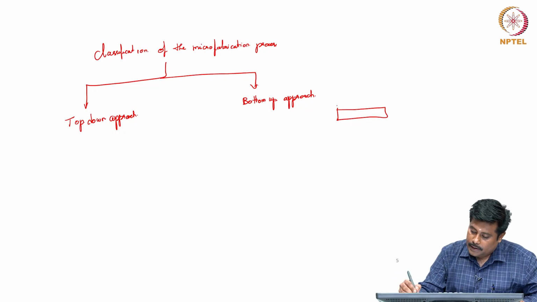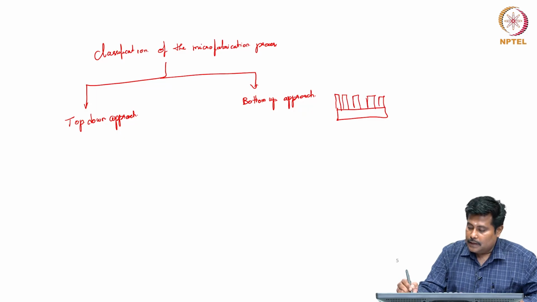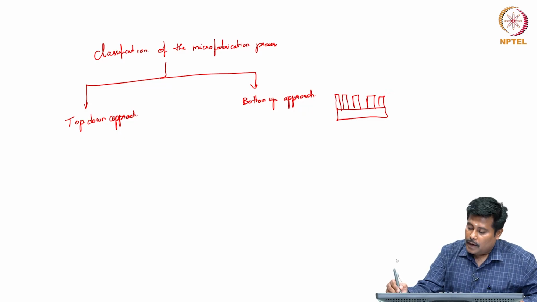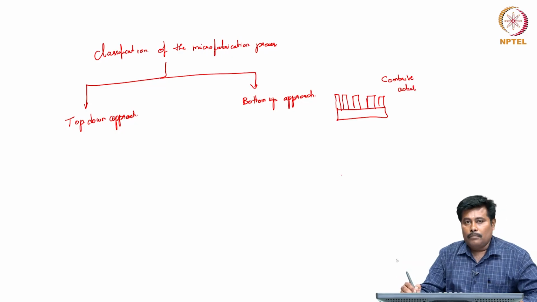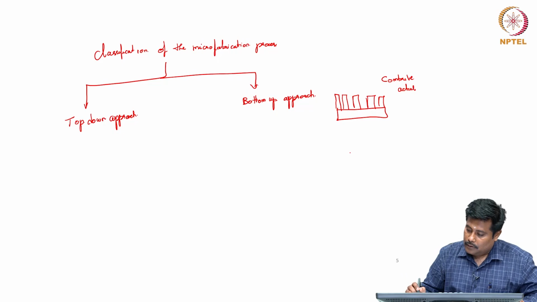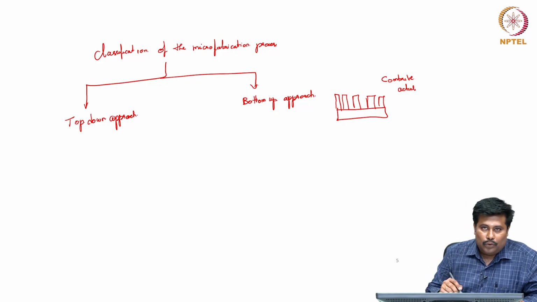Over the substrate, if I need to build a structure like this, let us consider I am on the verge of developing an actuator. This is a kind of comb drive actuator. This is a part of a comb drive actuator. So I have two different options.